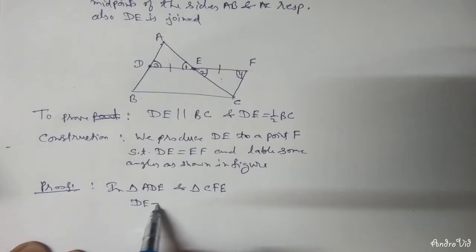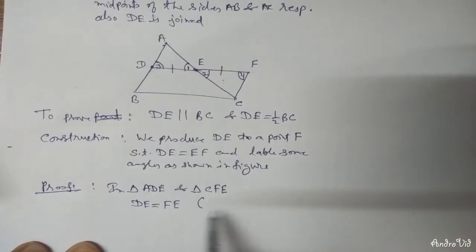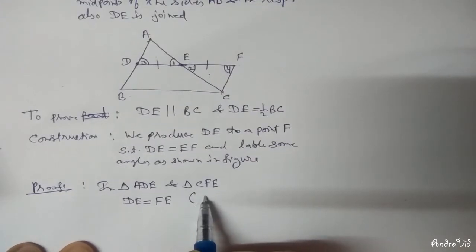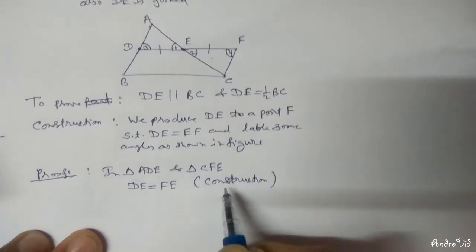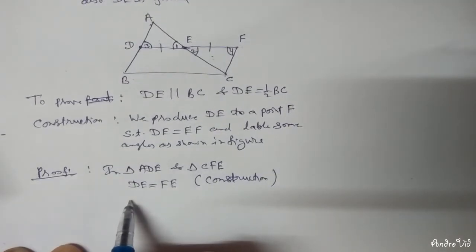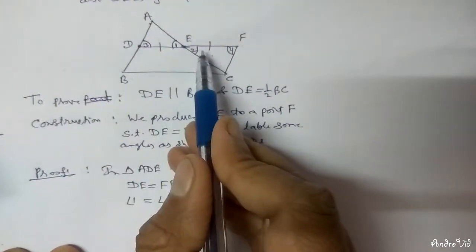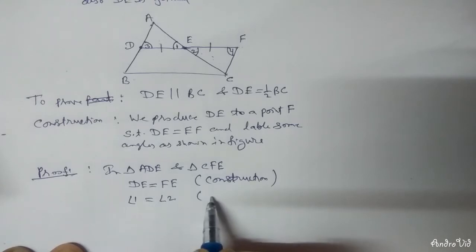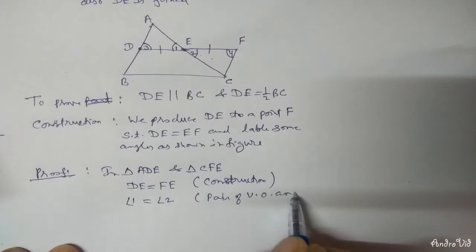Reason behind this is construction. Second, angle 1 is equal to angle 2. Why? Because it is a pair of vertically opposite angles.